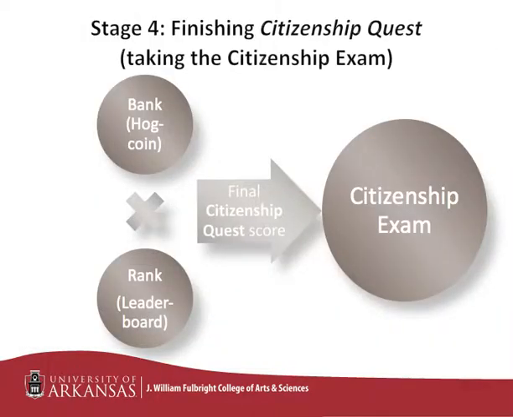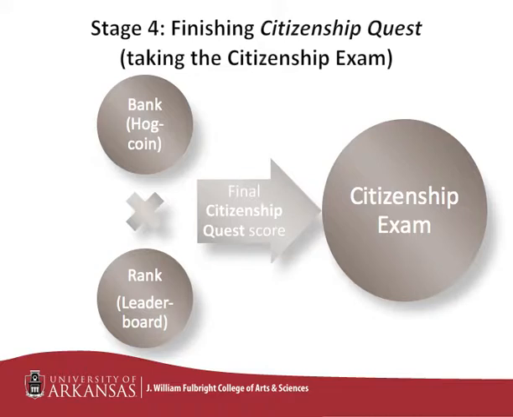Now, stage 4 involves finishing the citizenship quest. Now, once you've paid your bills, once you've filled out the paperwork, once you've processed it and made all your game decisions, you will have a rank based upon where you fall within the class in terms of what your hog coin levels are.